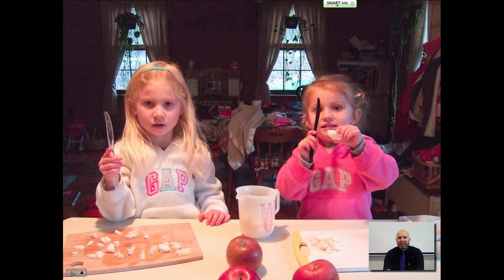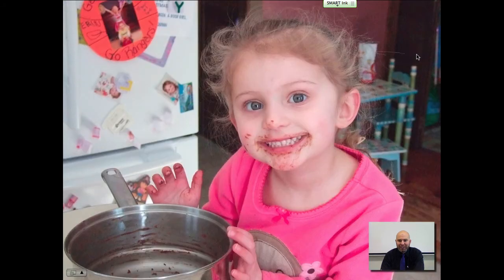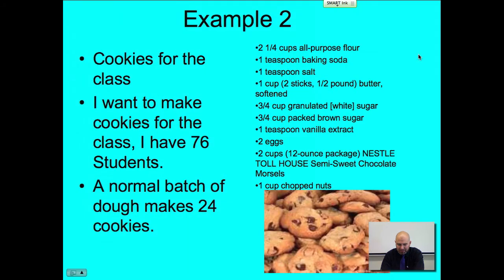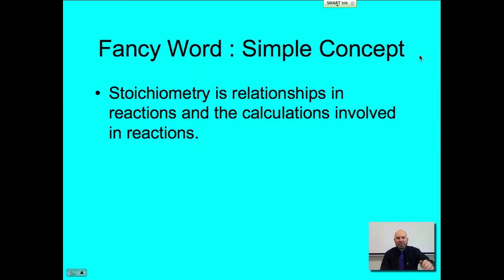Oh, there they are cooking again, cutting up some apples for some apple dessert I was making there. Licking the bowl. This is a little bit more recent. How about that guy? All right. So again, fancy word, simple concept.